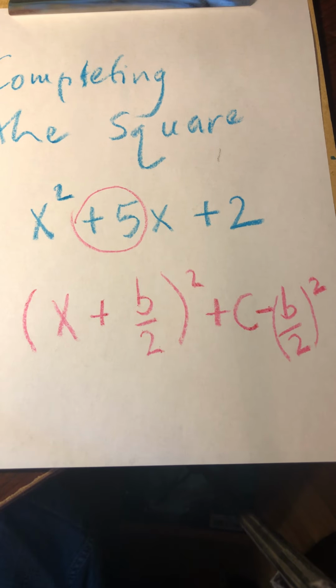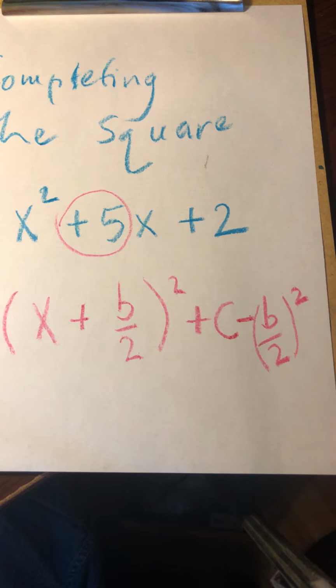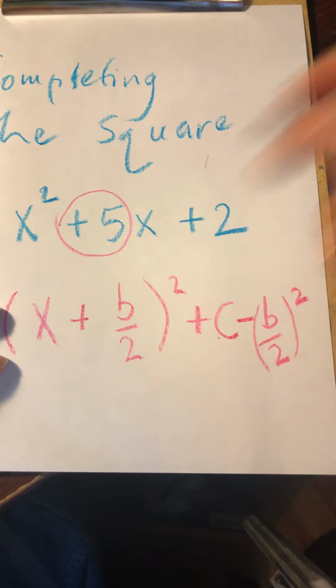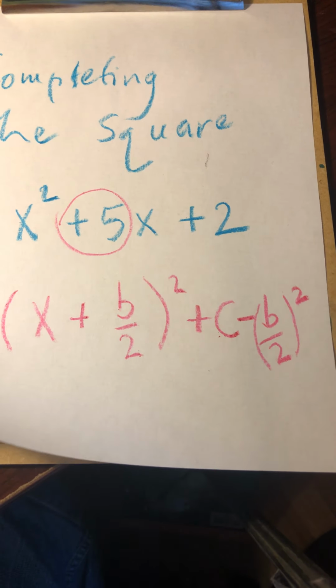So we're looking for something of that form, okay? Just remember, put b over 2 in parentheses because you're squaring everything.